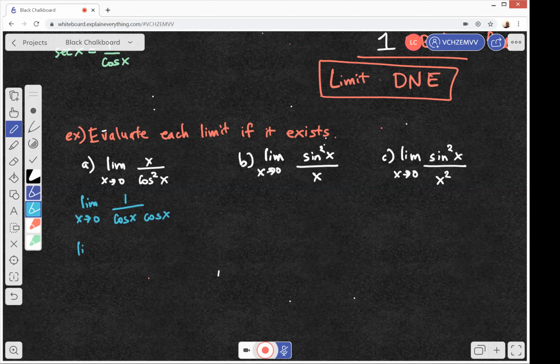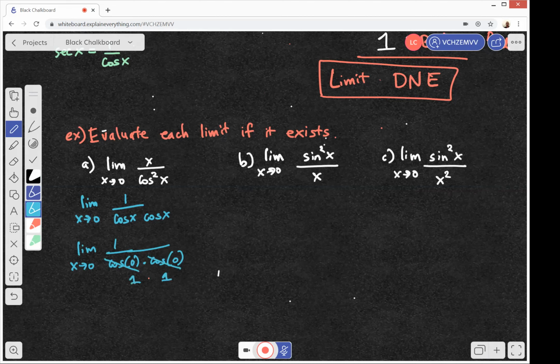So you have cosine of 0 times cosine of 0. Think about that unit circle. Do you remember what cosine of 0 was? That's 1. So we have 1 over 1 as our answer, which means the answer is 1. That's the limit of that function for part A.